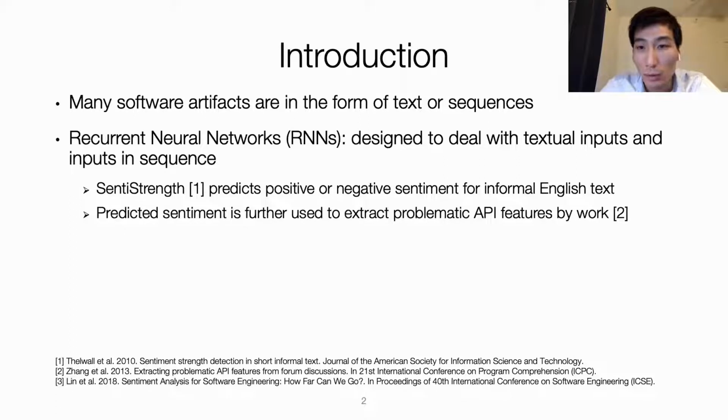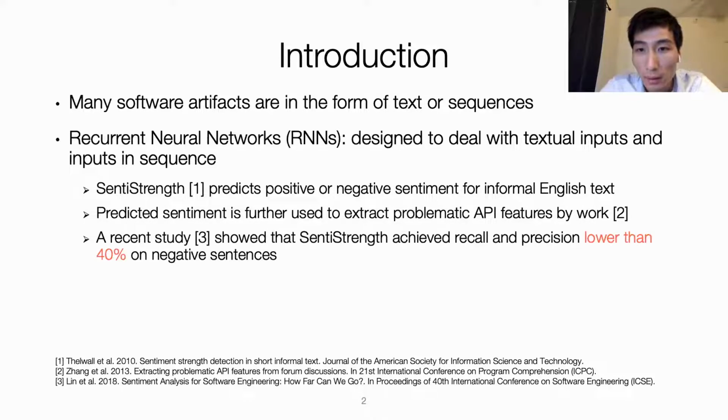A follow-up work utilizes this tool to extract problematic API features based on negative sentiment predictions. However, a recent study shows that SentiStrength has very low performance on negative sentences, which can negatively impact the downstream applications. Hence, in this paper, we aim to debug RNN models for better performance.